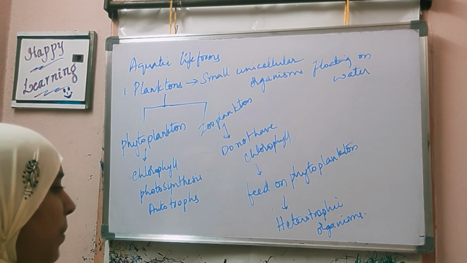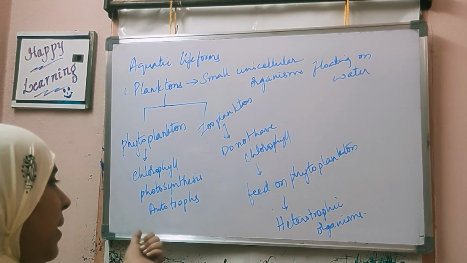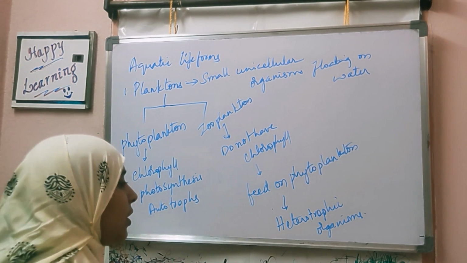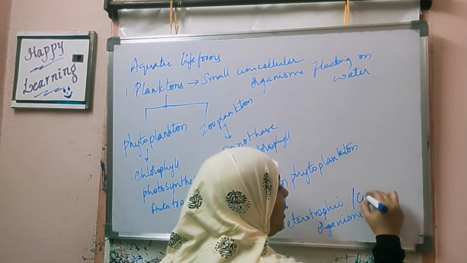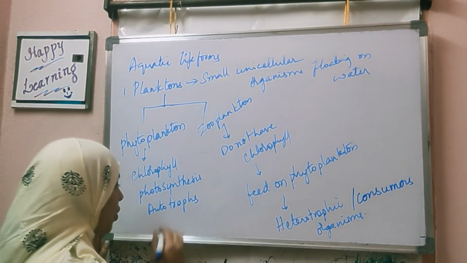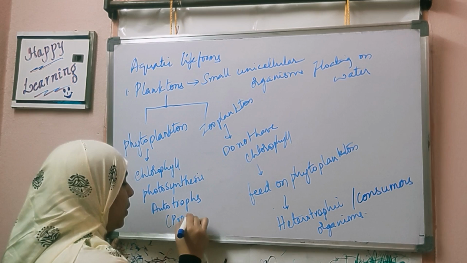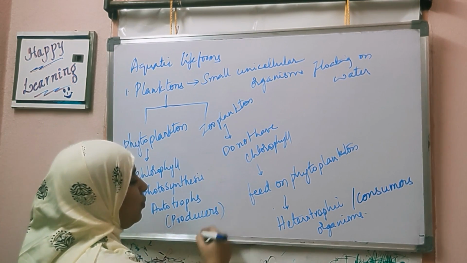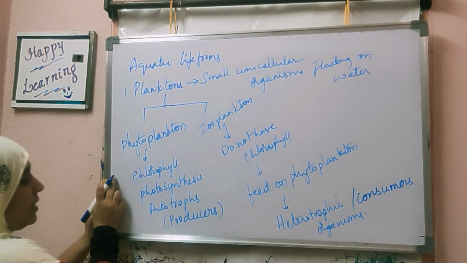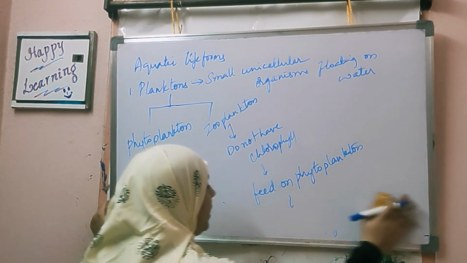Since they are not making their own food but they are depending on other organisms for their food, they are called as heterotrophic organisms. Or you can say they are consumers. They feed on producers. These autotrophs are also called as producers since they make their own foods. Okay, so that is about the surface dwelling plankton.